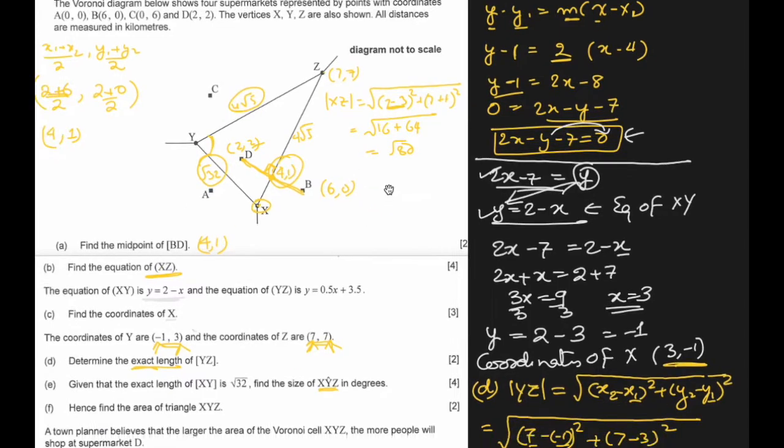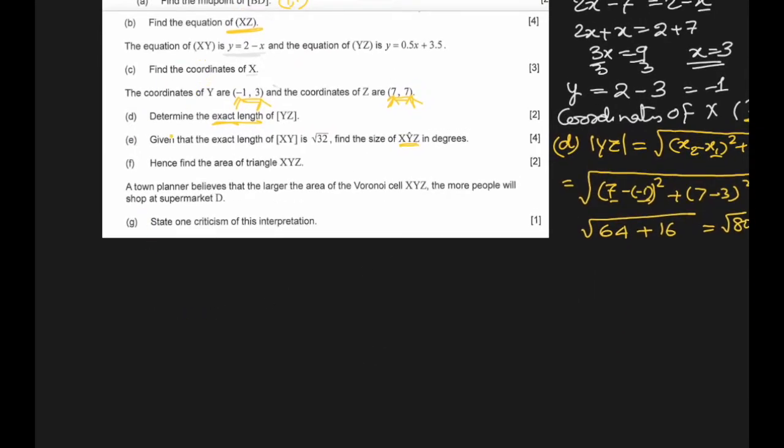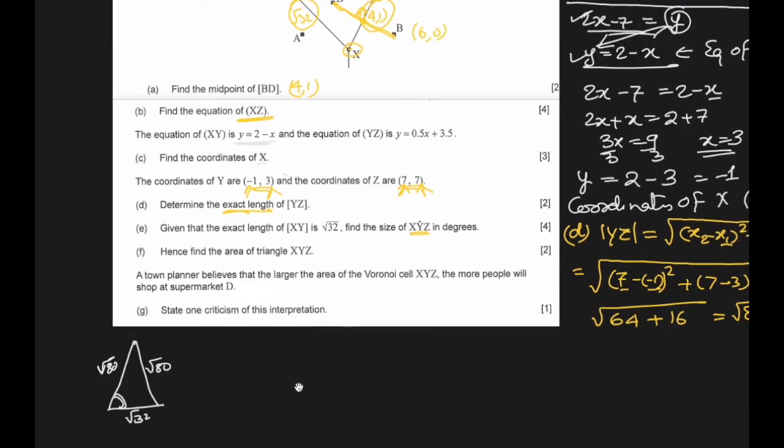Okay, so let me redraw that graph here, that drawing here, and find the side. So this is the triangle, this is 4 square root 5, let's write square root 80, square root 80, and this is square root 32, and we have to find this angle. This is x, this is y, this is z.